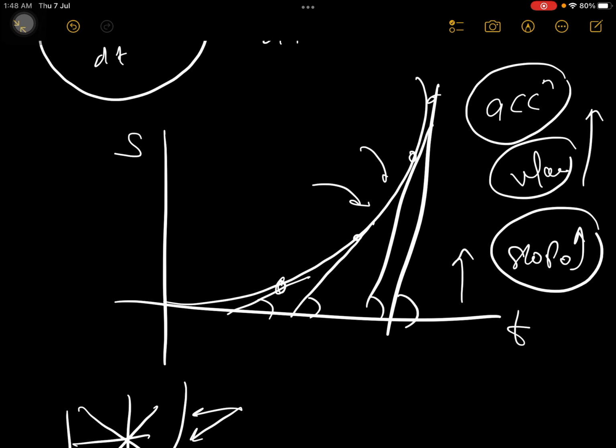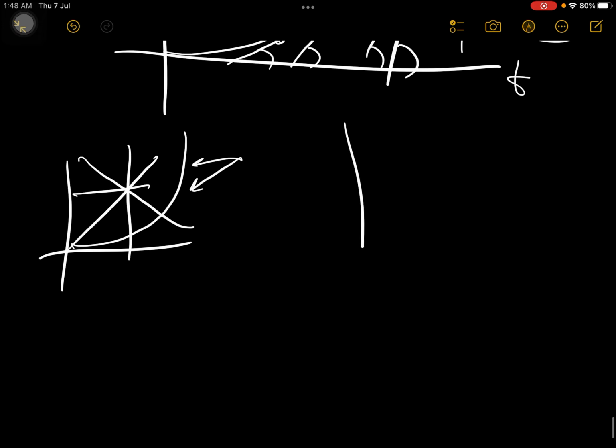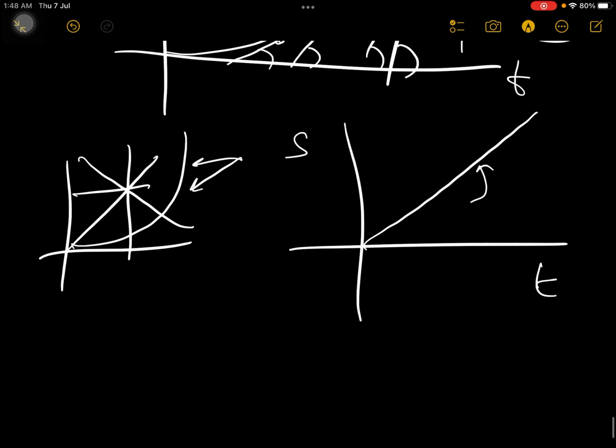You will make a sound like this. Okay, but if your velocity is constant, in that case how will you make the sound? Then it will be a constant sound. Suppose this is your constant straight line. In an st graph this is a straight line, so what will a straight line tell you? A straight line will tell you velocity is equal to constant, right?